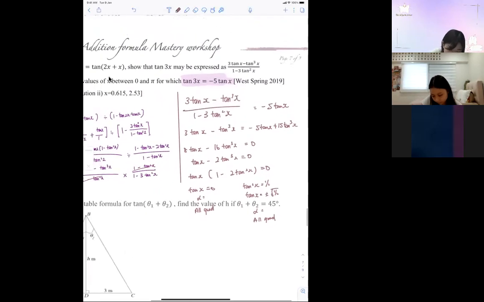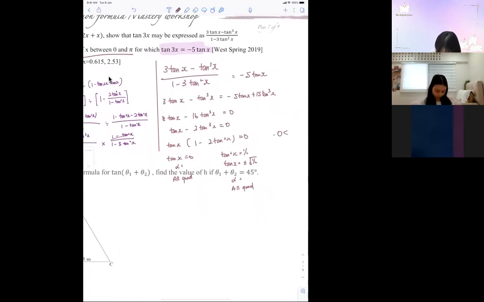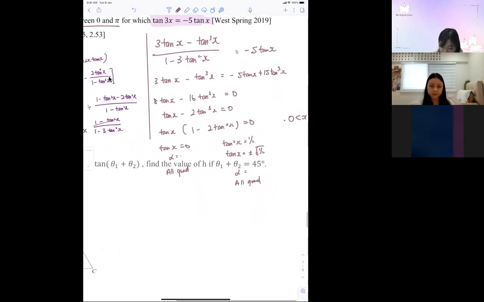Okay, this is x between 0 and pi. So it's 0 < x < pi. Okay, so we don't really want all quadrant because 0 to pi only first and second quadrant, right? So basic angle still 0. This one basic angle, wait, let me see. I put calculator. Tangent inverse square root 1 over 2.